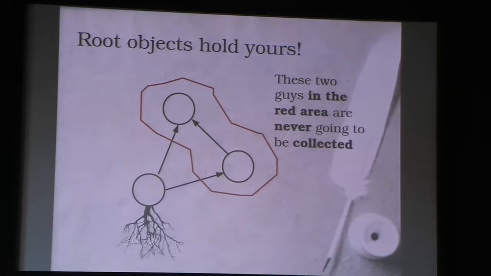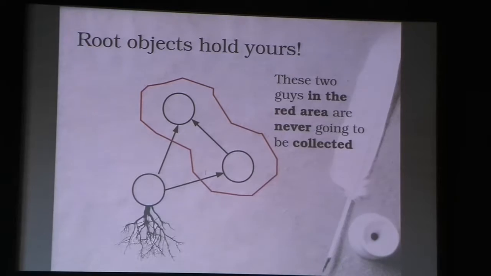It's an object that the VM knows, and the VM will say, that one will stay forever and I will not collect it. If that object knows some other objects, those objects known by the root objects will never be collected. So here, for example, the objects that are inside the red zone will not be collected.